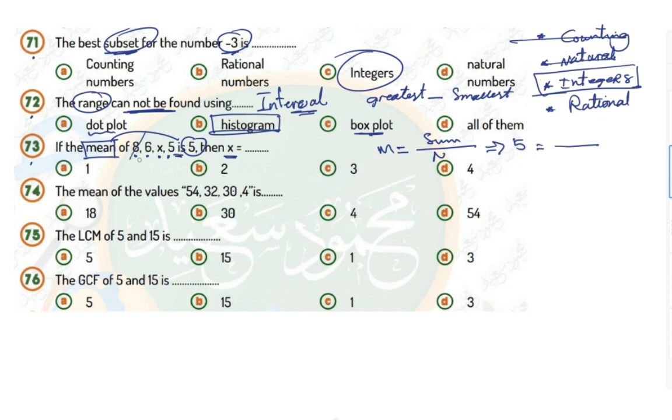Okay, 8 plus 6 equals 14, 14 plus 5 equals 19, so you have 19 plus x, that's the sum of these values over the number of them. Now count 1, 2, 3, 4, over 4. Now you have an equation with a variable. I need to find this variable's value.